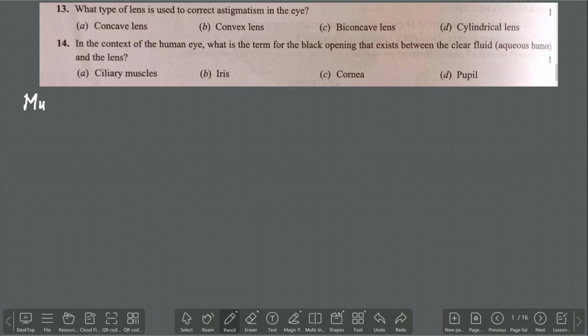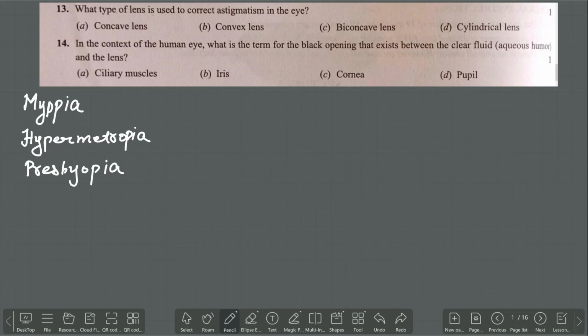Myopia, hypermetropia, and another one, presbyopia. And one more common defect that is there, that is called astigmatism. Clear?